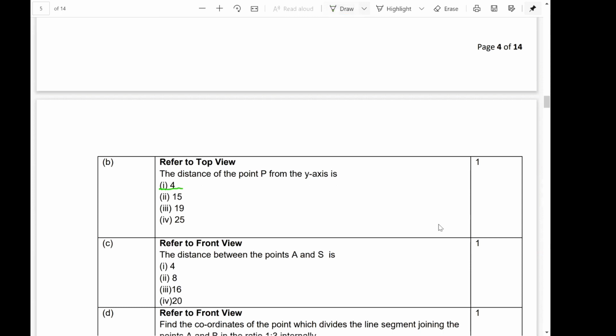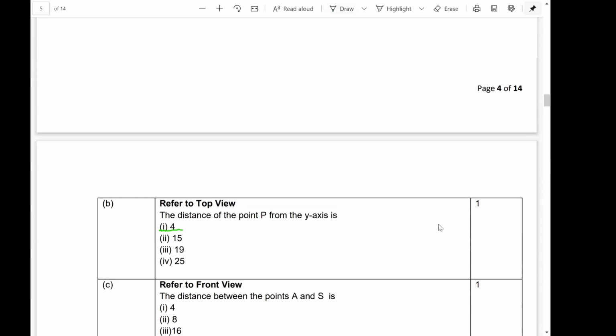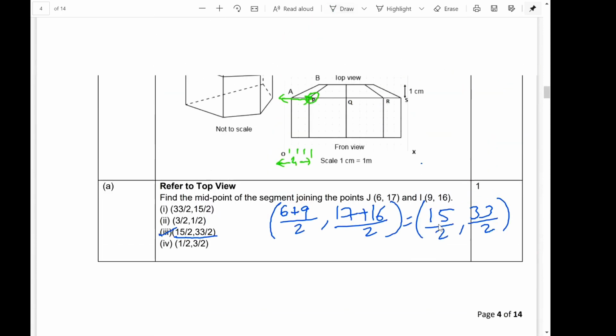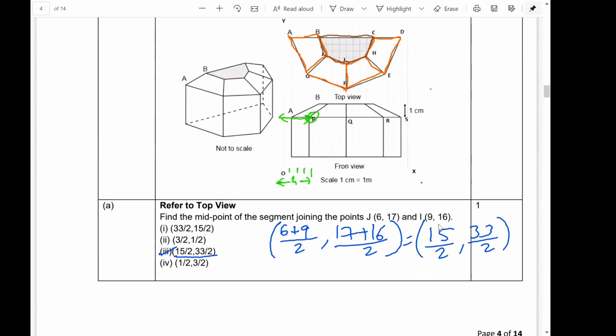Now the next question: the distance between the points A and S is? For this, you have to find the coordinates of the points, or you can count the distance between these 2 points.